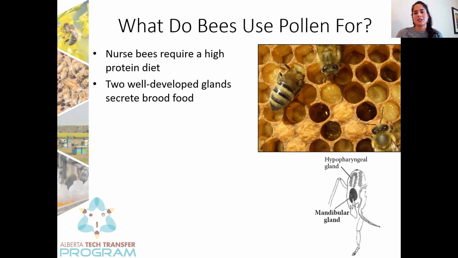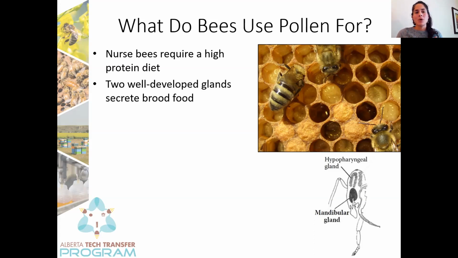Because nurse bees are the ones that are nursing the brood. They're feeding the brood. And although they do not feed brood pollen directly, only a very small proportion of the brood food is actually bee bread. It's more like regurgitated bee bread.